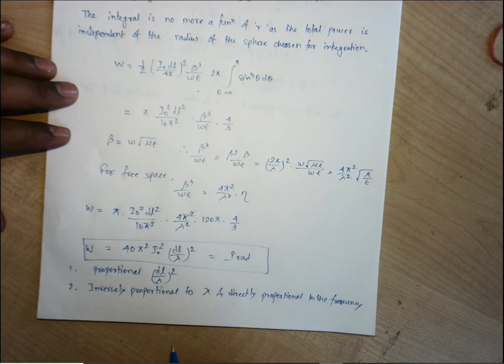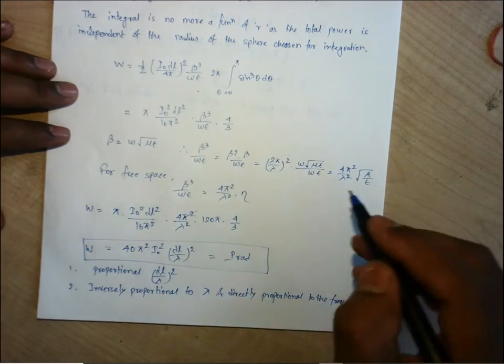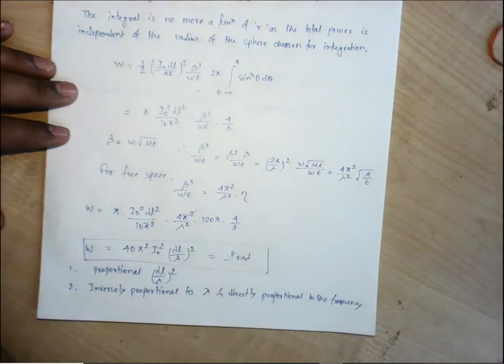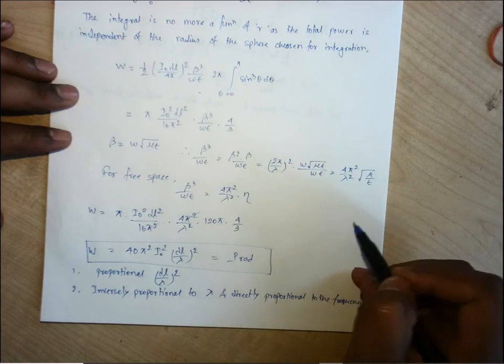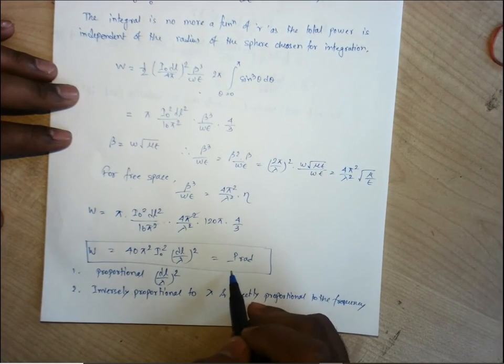So this is the radiated power. If you think that our antenna is some kind of load which has been connected with our source, that antenna is a black box. The black box is connected to the source end. So what does it mean? In that black box, this power gets dissipated.